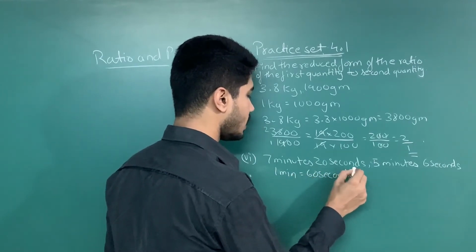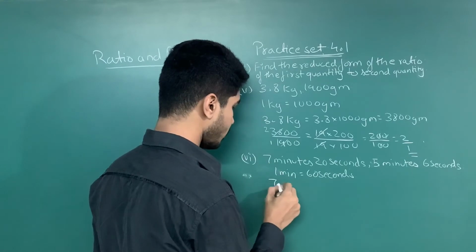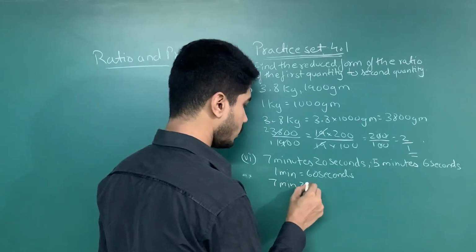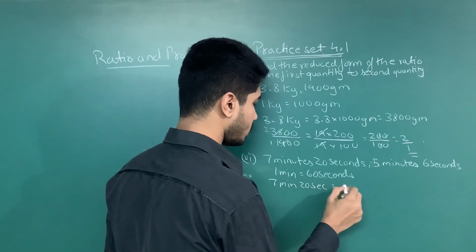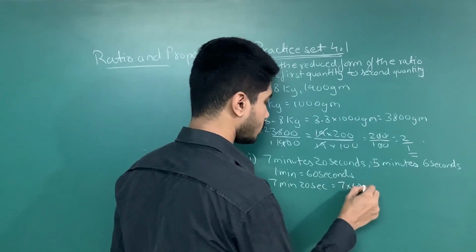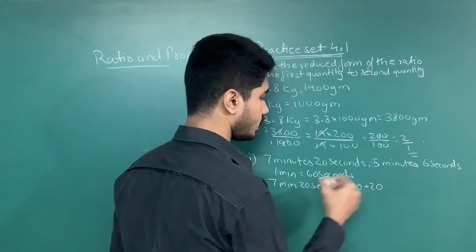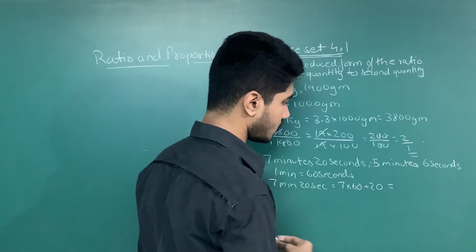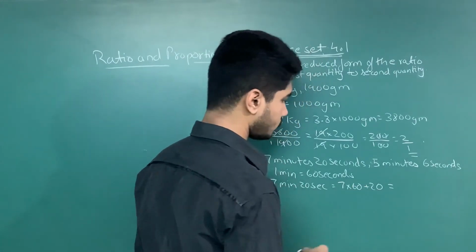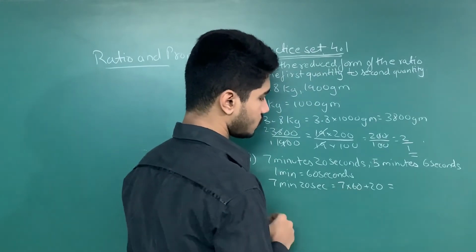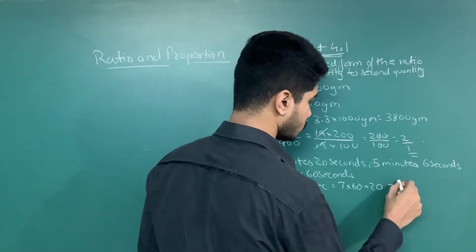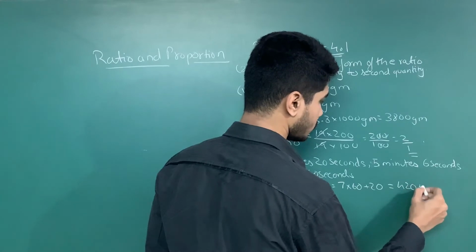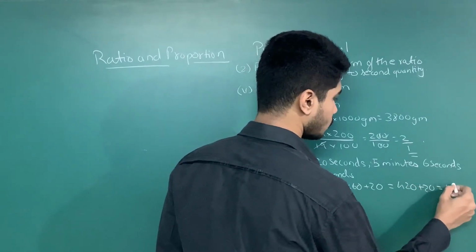So 7 minutes 20 seconds is 7 into 60 plus 20. So you get 7 zeros are 0, 7 6s are 42. So 420 plus 20, which is 440.